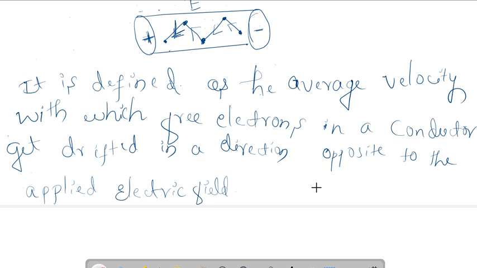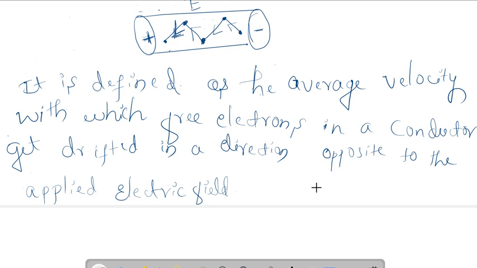Now, how to derive the drift velocity? I have considered an electric field in a conductor in the direction from positive to negative, but the motion of free electrons inside the conductor will be opposite to the direction of the applied electric field.